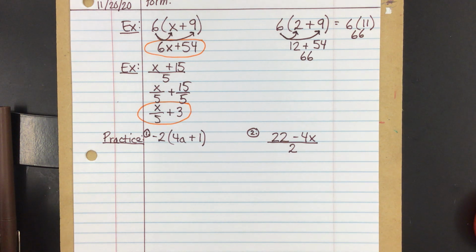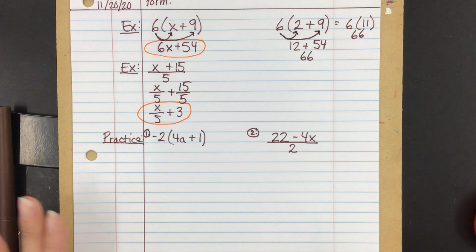Okay, and what'd you get, Evan? I got -2(4a) plus 2. Or, yeah, it is 2 times 1 equals 2. Okay. And Brooke, what'd you get? 8a plus 2. Okay.